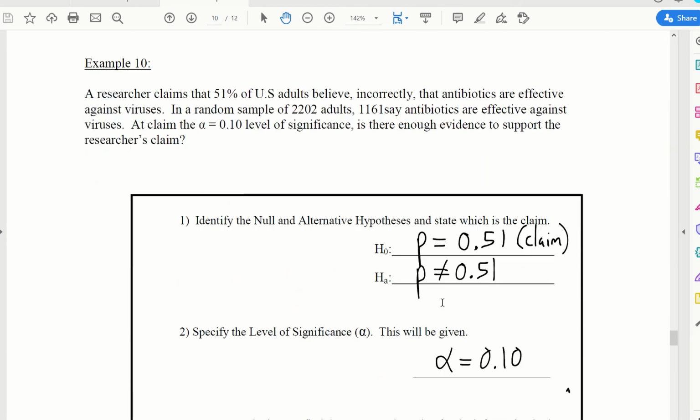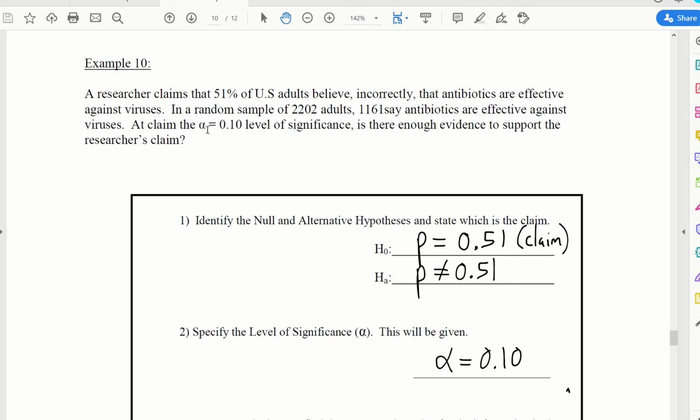Let's take a look at one more example of proportion hypothesis testing. In example 10, a researcher claims that 51% of U.S. adults believe, incorrectly, that antibiotics are effective against viruses. In a random sample of 2,202 adults, 1,161 of them say that antibiotics are effective against viruses.